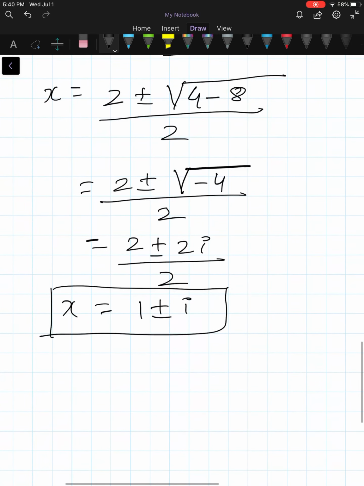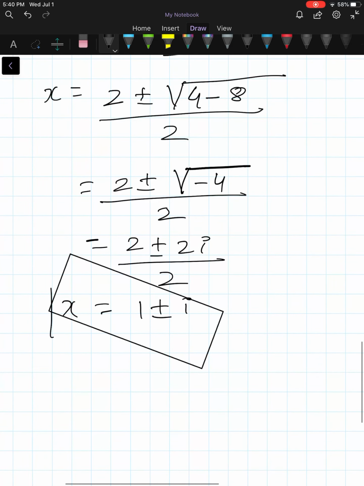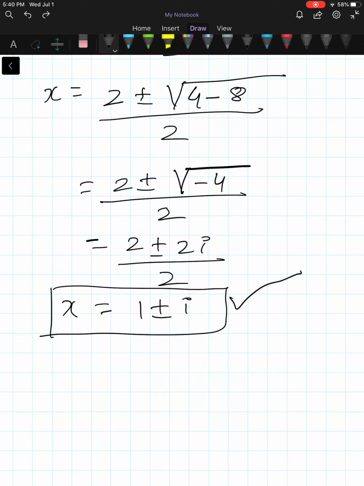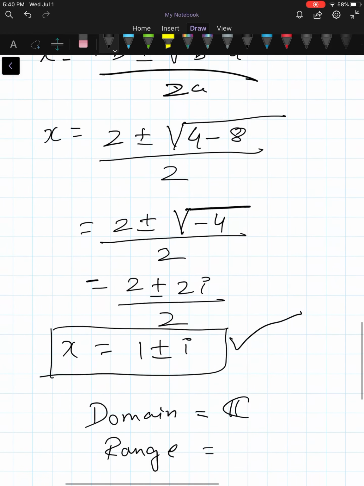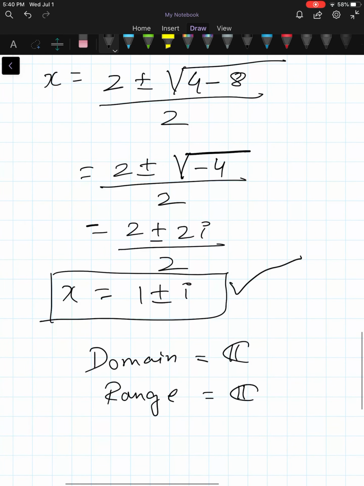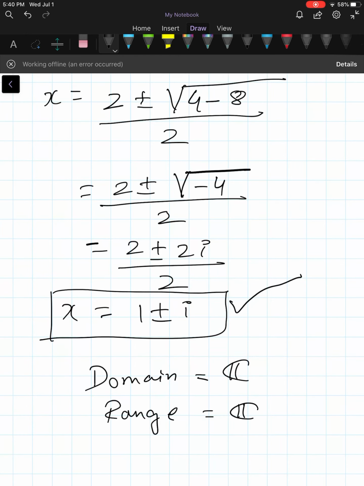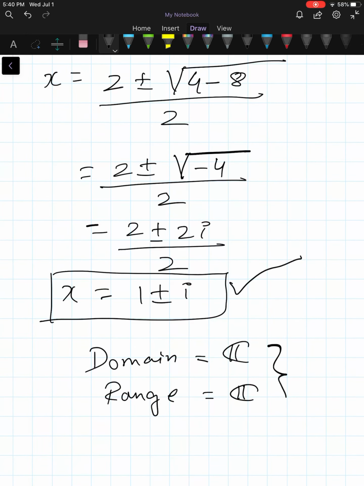We know that the input values are complex numbers. As you have already learned complex numbers, you can take the domain to be C. And the range is all the output values, the functional values, so it is also C. When the inputs are complex numbers, you will definitely get the range also to be equal to C.